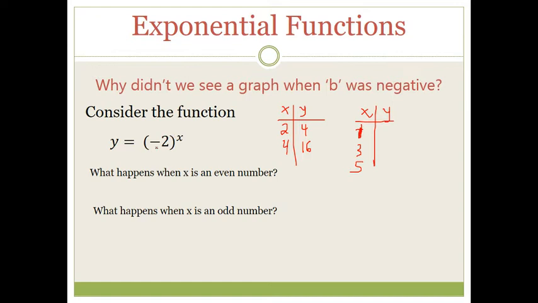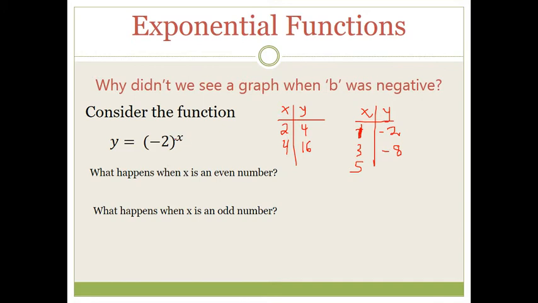If I take this negative base and raise it to 1, I would get -2 to the 1st power, which would just be -2. If I raised it to the 3rd power, then I'd have -2 times -2 times -2. So a negative times a negative would be positive, and then times the negative again would give me back to a negative. So we'd end up at -8.